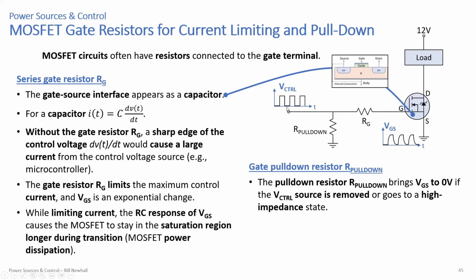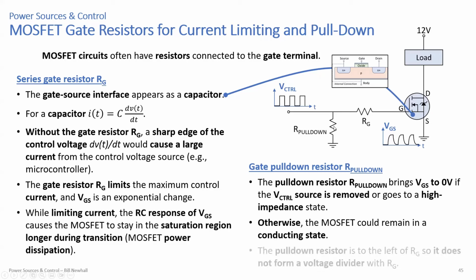So if your control voltage is either applied or open, when the open is presented after maybe 5 volts was presented, you have a charge on VGS, and if you just disconnect the control voltage to high impedance without this pull-down resistor, the MOSFET can just stay on, and you don't want that typically. So this pull-down resistor brings that gate low. It's a connection to ground through that resistance. If you don't have that, the MOSFET could remain in a conducting state, which is typically what you don't want when you want a device to turn off.